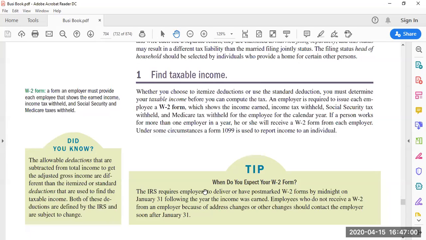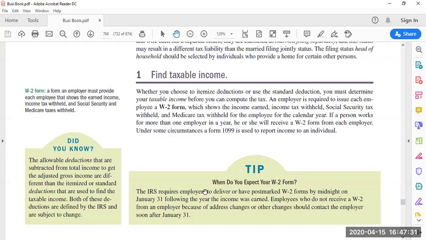It will also show you the total amount of income tax from the state, federal, and city levels that has been taken out of your income throughout the year. And they also will show any monies taken out of your income for Social Security taxes, as well as Medicare taxes.